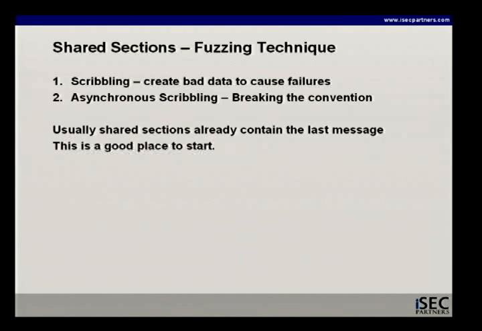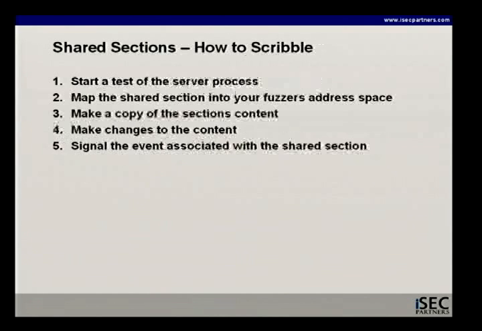So two techniques for fuzzing these things. One's called scribbling. That's just pushing bad data in. And the other one's called asynchronous scribbling. In addition to doing random fault injection, it also breaks the convention around when threads are going to be updating this. So we can take advantage of race conditions in the validation code and find those.